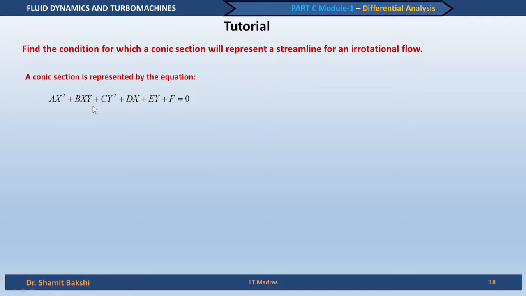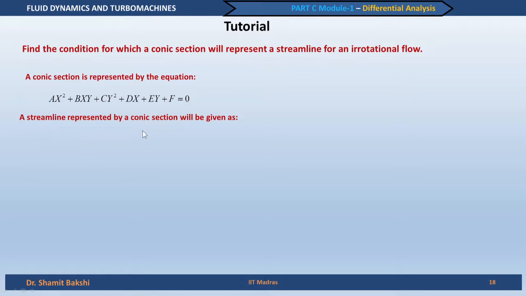So, suppose we have a streamline which has this equation, and we are also saying that the flow is irrotational. What is the condition that this equation can represent a streamline of an irrotational flow? This is basically the question.